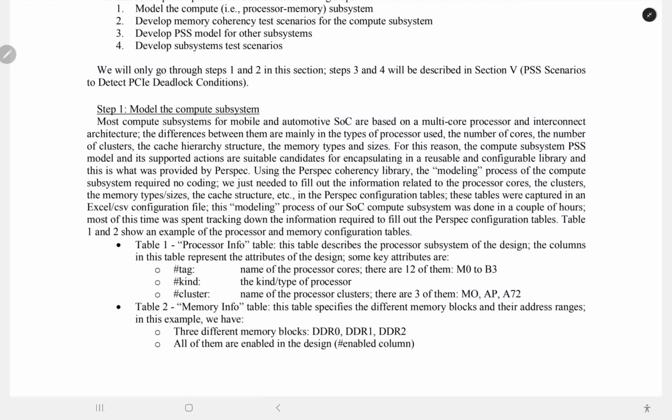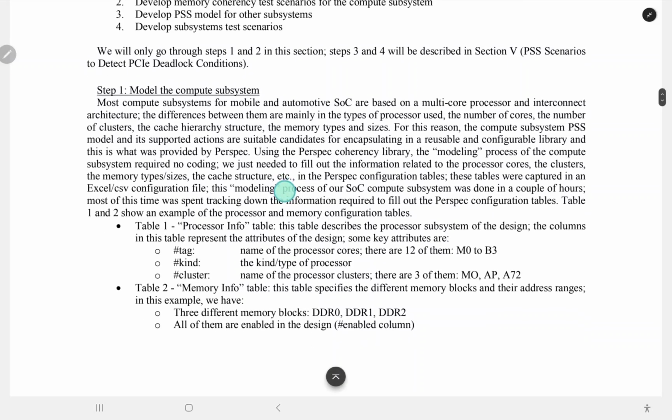These tables were captured in an Excel CSV configuration file, and this modeling process of the SoC compute subsystem was done in a couple of hours. Most of the time was spent tracking down the information required to fill out the Perspec configuration tables.